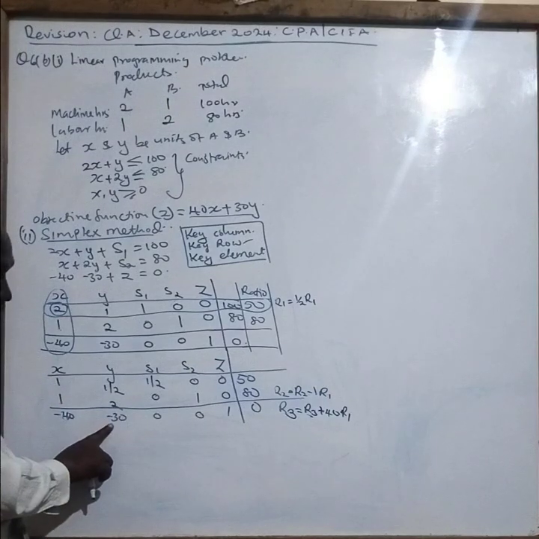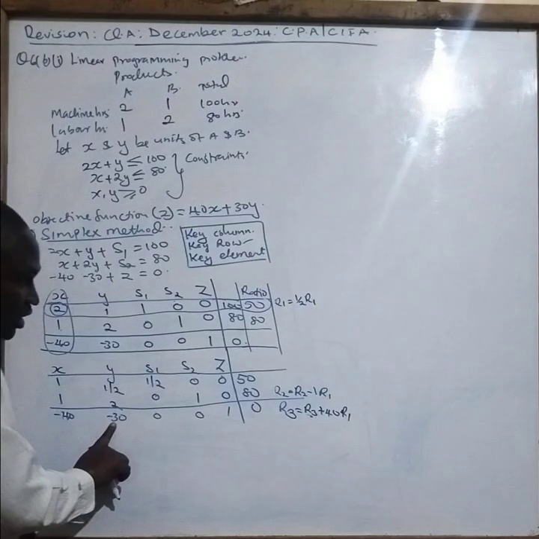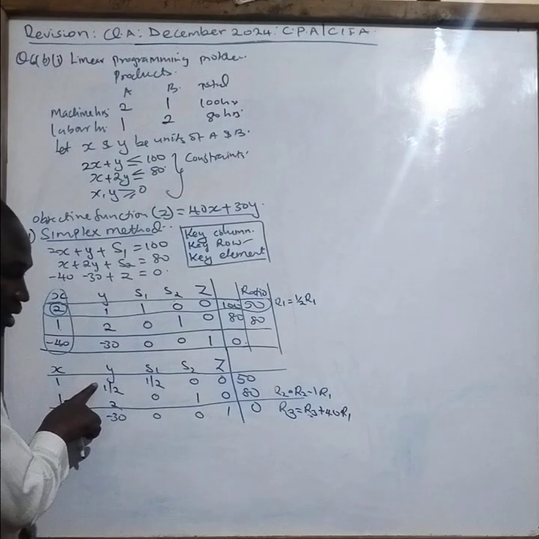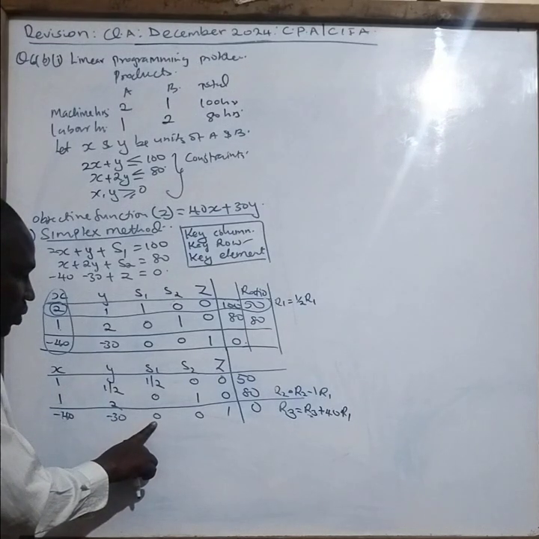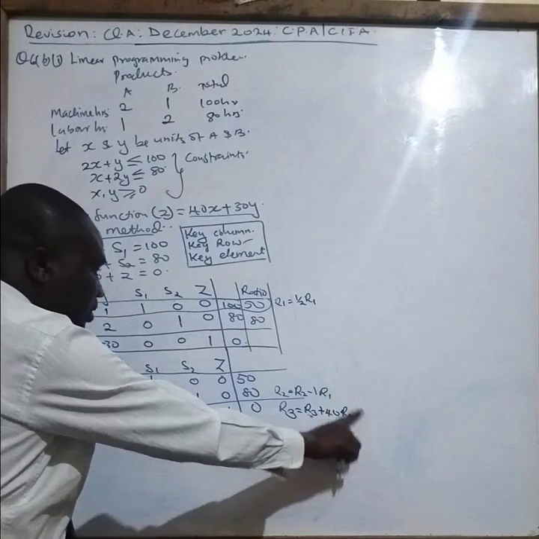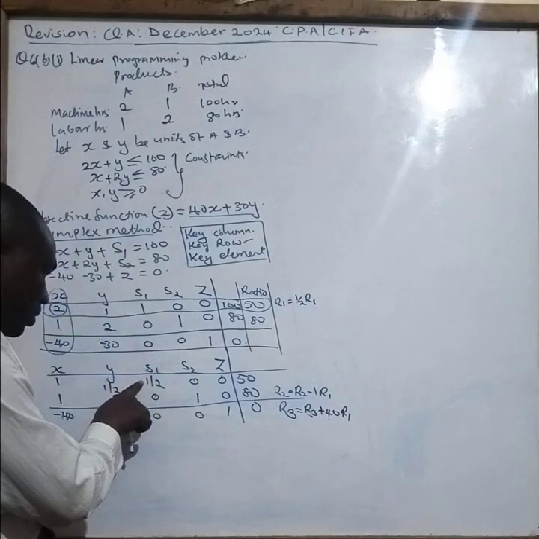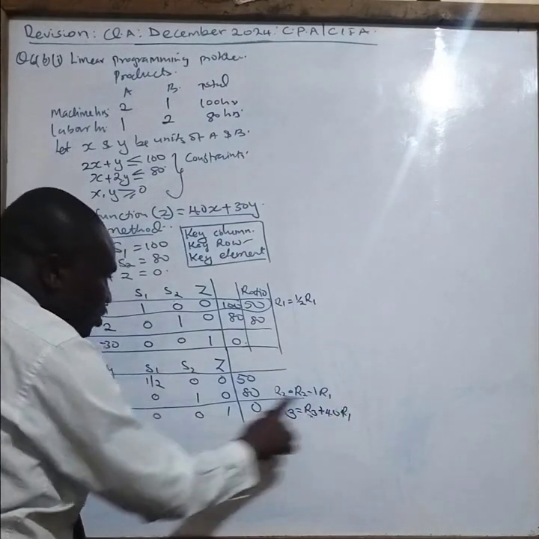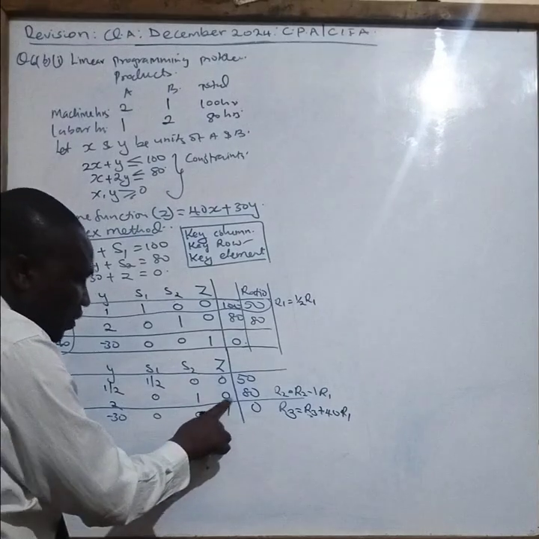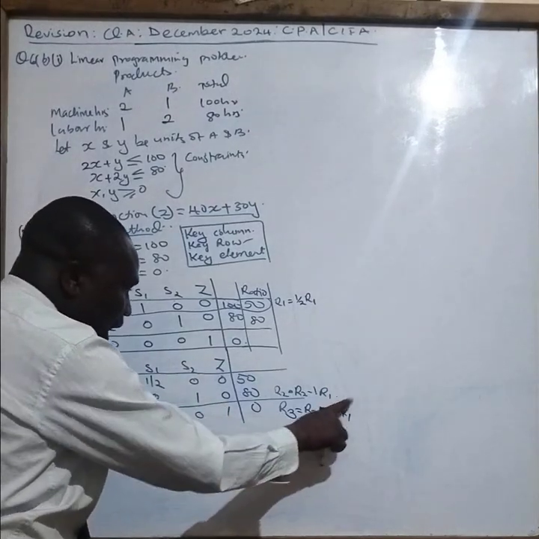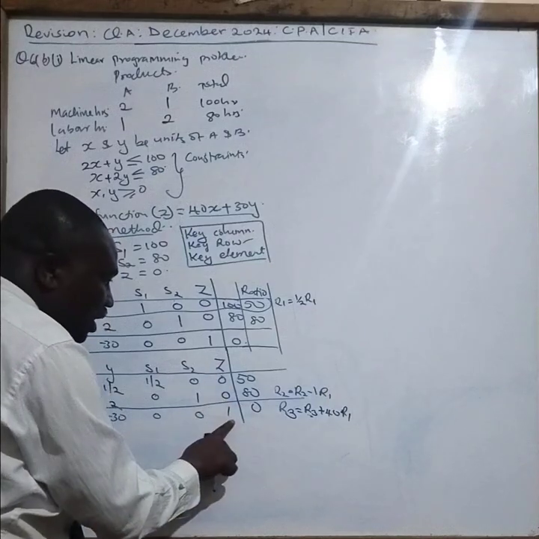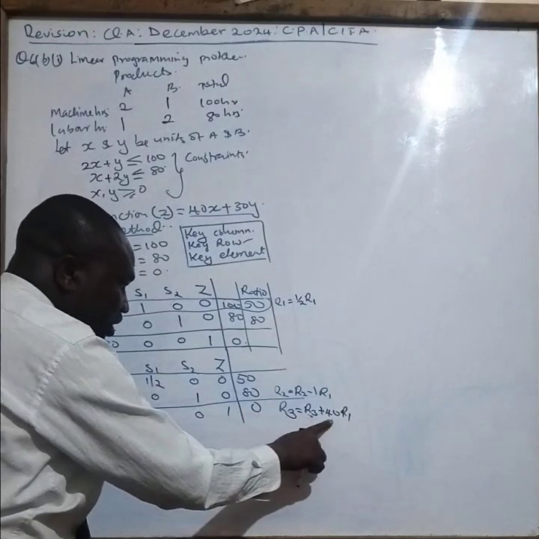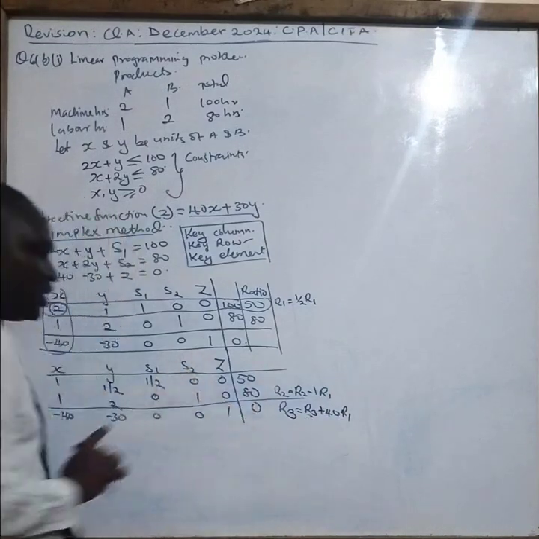You come here, negative 30 plus 40 times R1, which is a half, you get the answer. 0 plus 40 times R1, you get the answer. 0, which is this, plus 40 times R1, which is this one, you get the answer. Then 1 here, plus 40 times R1, you get the answer. Then 0 here, plus 40 times R1, you get the answer.